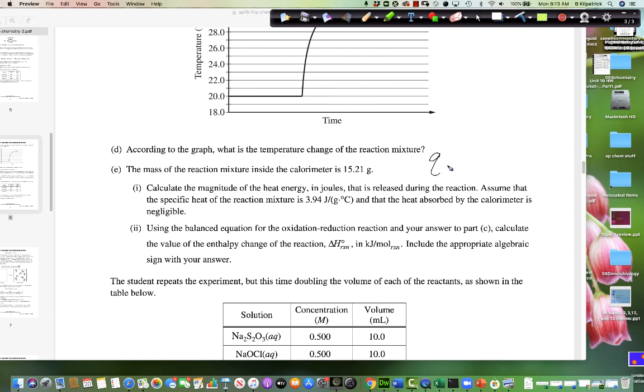So Q is equal to 15.21 multiplied by the specific heat capacity multiplied by my delta T of 12.5. So my Q here is going to be equal to 749 joules.